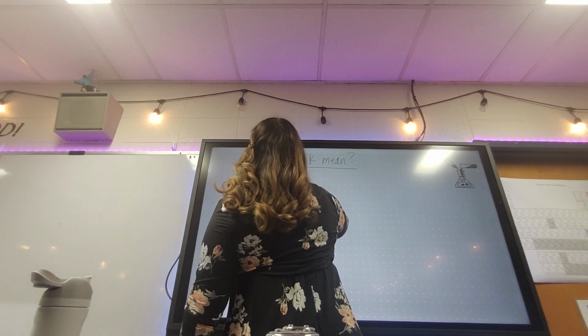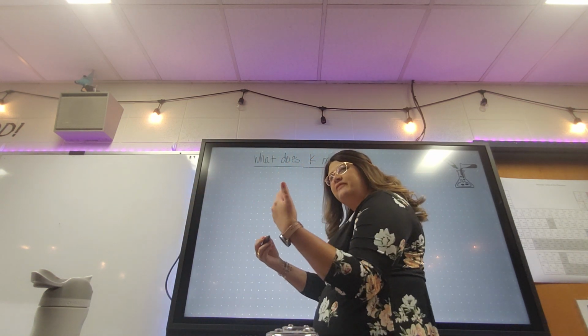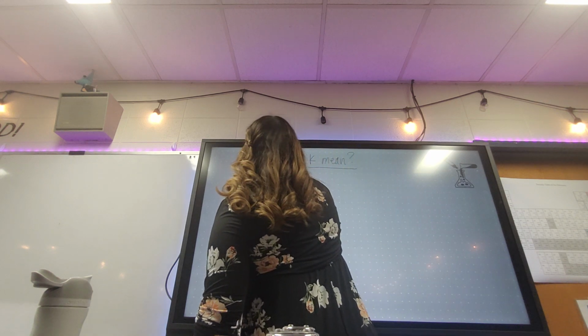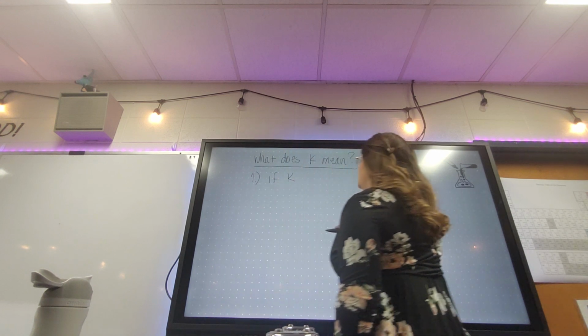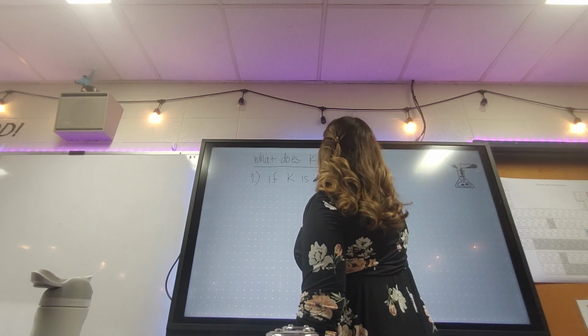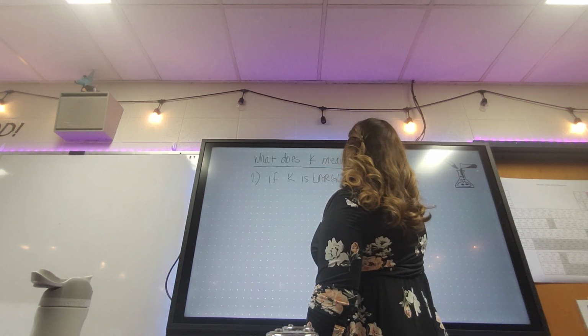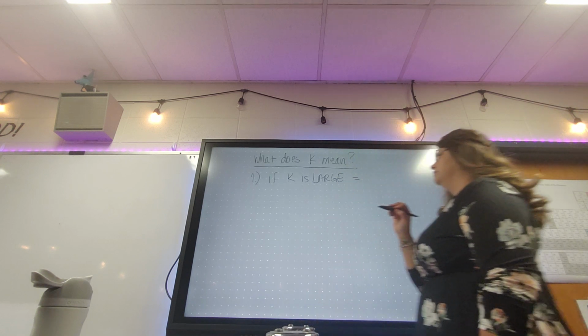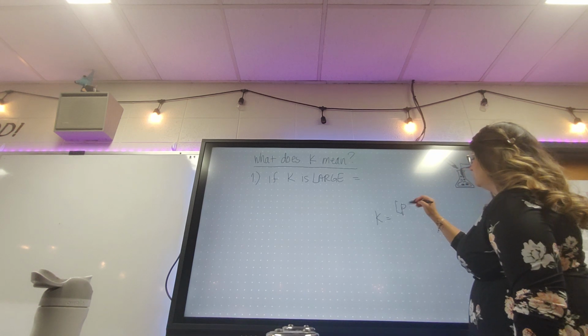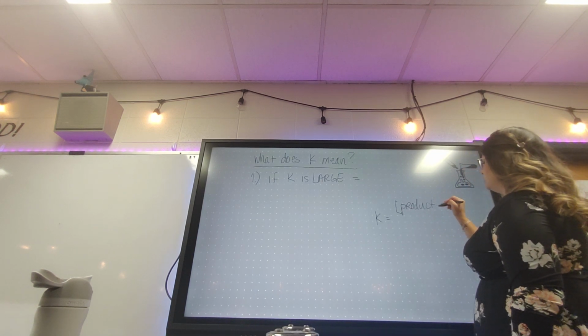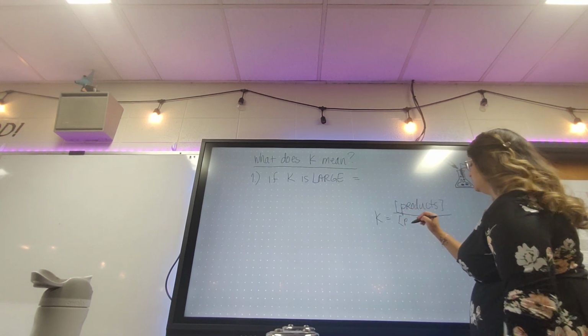There are really 3 different values for K. So here I'm going to label the first one. If K is large, what does that mean? All right, to explain this, I'm going to write down how we actually calculate K.